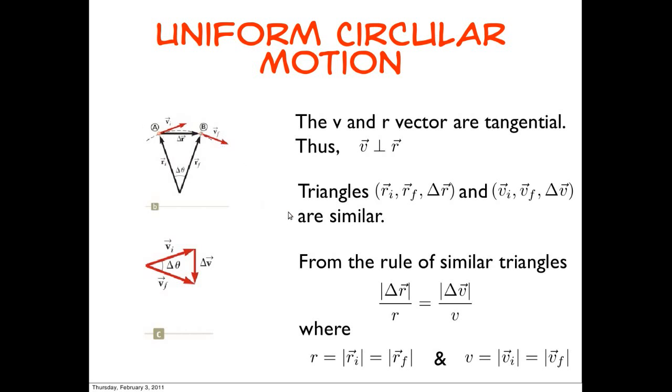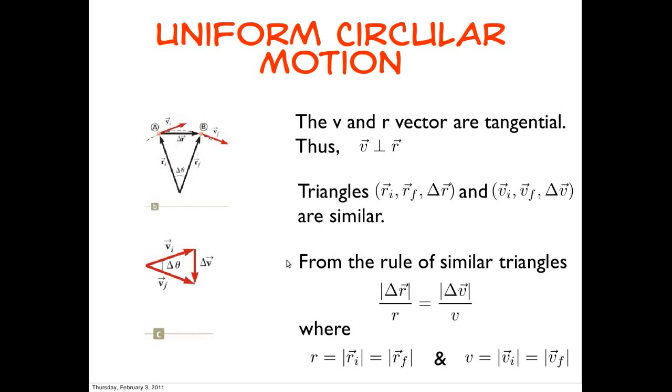Thus, the triangles defined by vector ri, vector rf, and vector delta r, and the triangle defined by vector vi, vector vf, and vector delta v are similar. Each side of one triangle is perpendicular to a corresponding side of the second triangle.